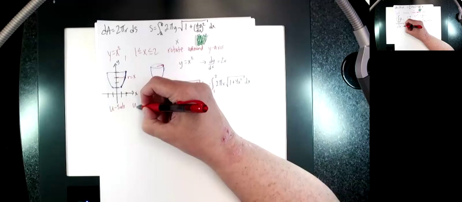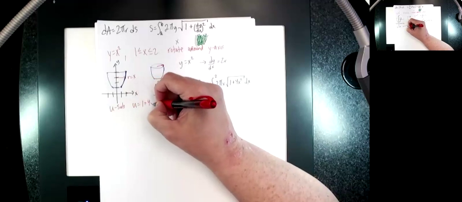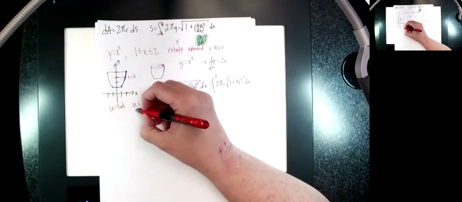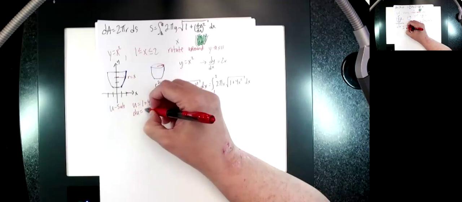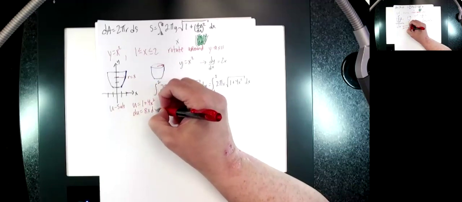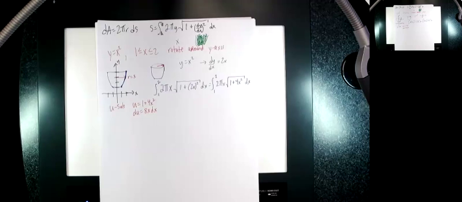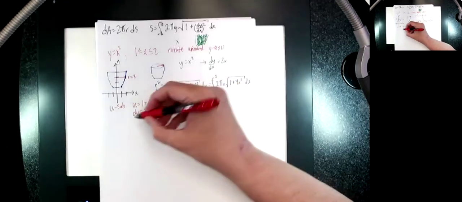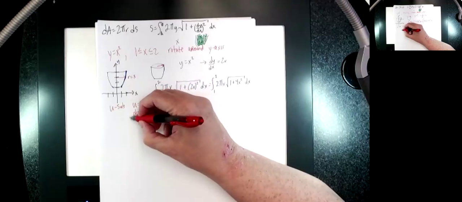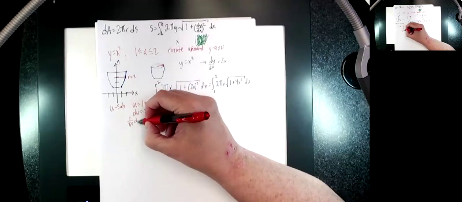So we'll say u equals 1 plus 4x squared. So du equals 8x dx. If you want to look at it this way, 1 over 8x du equals dx.